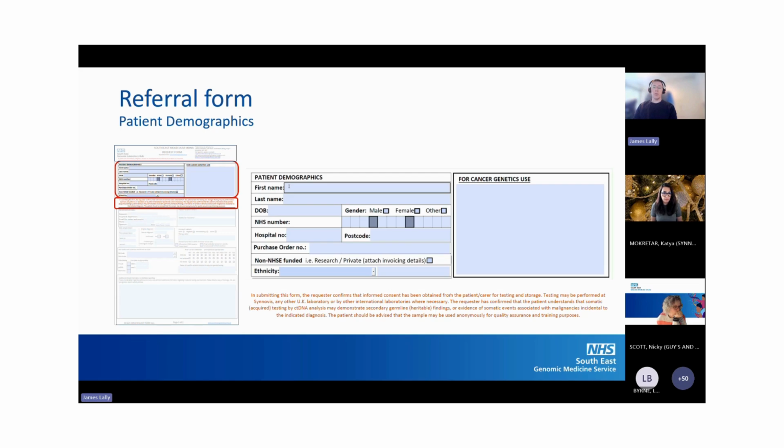It is also worth noting the text in red below the demographics, advising that patients should be informed that somatic testing for ctDNA may identify secondary germline findings with potential risk for themselves and family members. Currently, we report likely pathogenic findings in the core ESMO genes and indicate a referral to clinical genetics where appropriate.